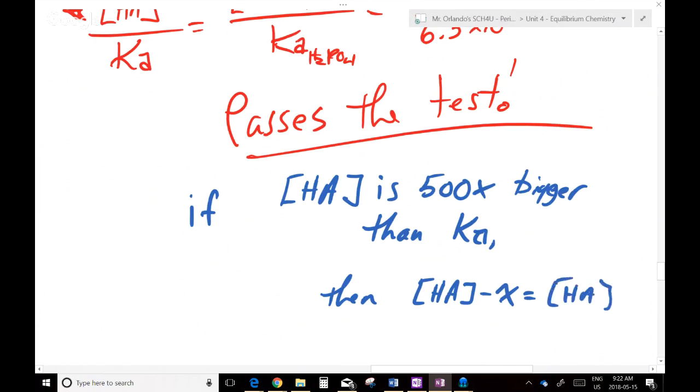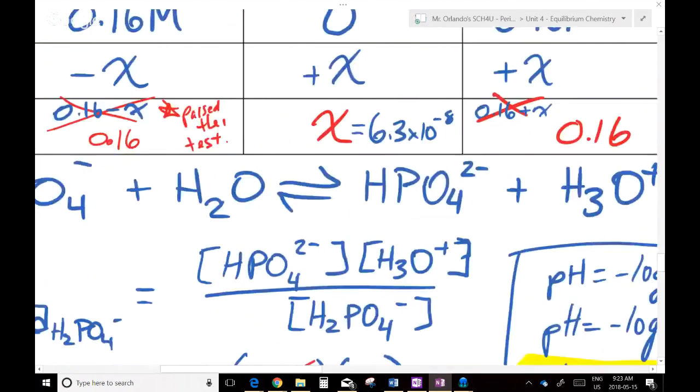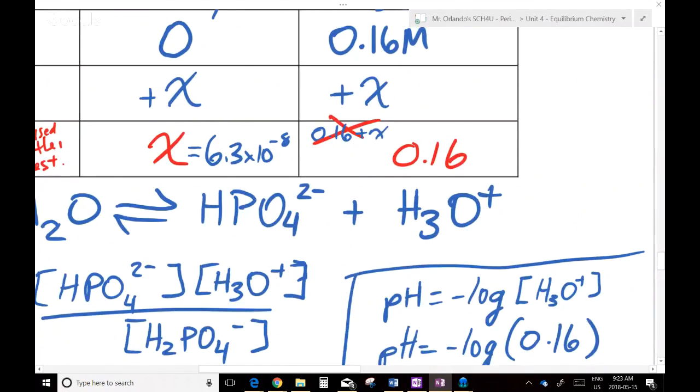The X will be small enough not to change it. So all we do is divide HA by Ka, and if that number is 500 or bigger, then we say, I can ignore that X. And in this case, we actually got a twofer. This doesn't always happen, but if 0.16 minus X passes the test, and it's just going to stay 0.16, well, then obviously 0.16 plus X is also not going to change.